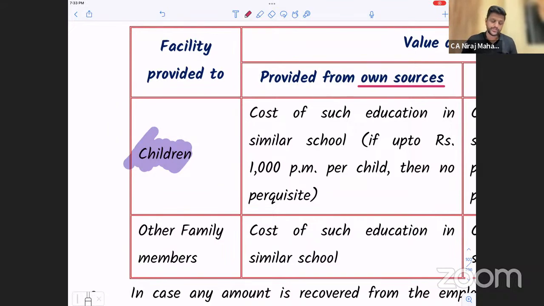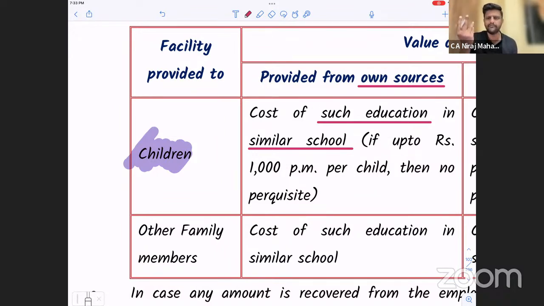Then the cost of such education in a similar school. Hotels I have heard of 3-star, 5-star, 7-star. Even hospitals these days can be 3-star, 5-star, 7-star. I'm talking of good quality. Even a school can be of top quality, like foreign schools and colleges.